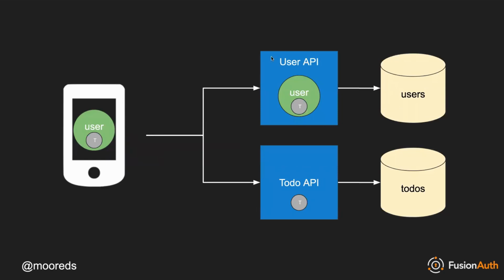So what we can have here is the user API, instead of handing back a user ID that is going to be passed from the client to the to-do API, the user API is going to create an opaque token. And this could be just a random string of digits. It could be a random string of alphanumeric characters. It doesn't really matter what it is. What matters is the client can't introspect it and learn things about the system or iterate on it.